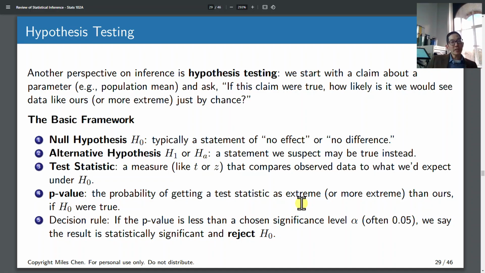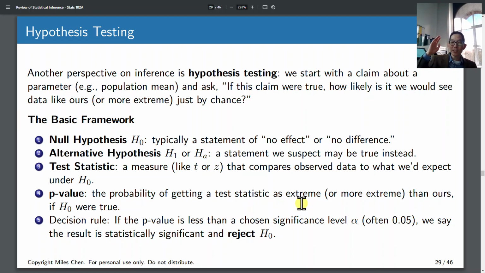And so in hypothesis testing, we start with a claim about a parameter, commonly the population mean, but really you can make a hypothesis test about any population parameter, the proportion in a population, the variance of a population, whatever.